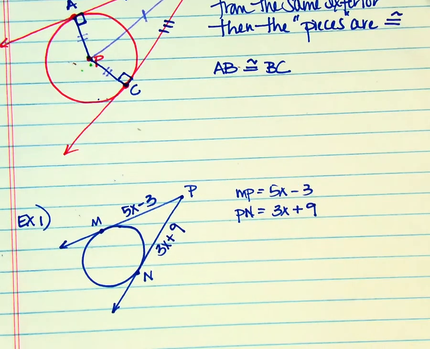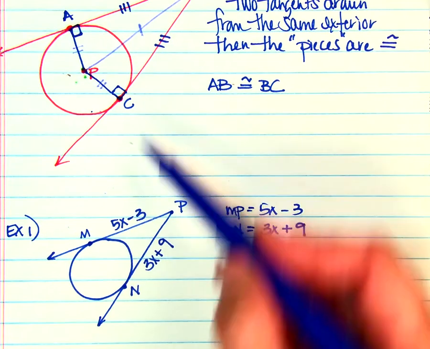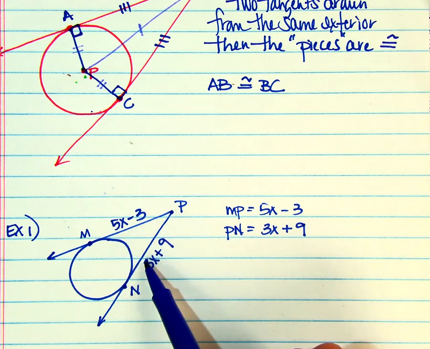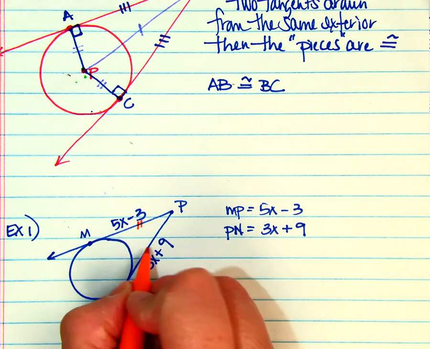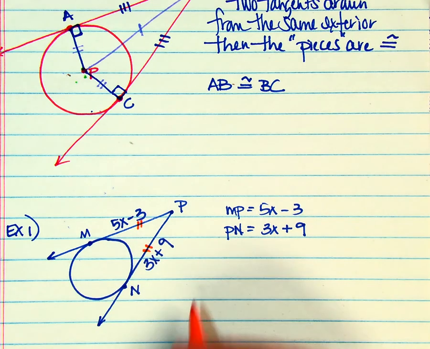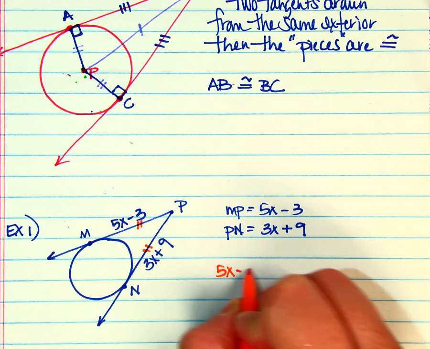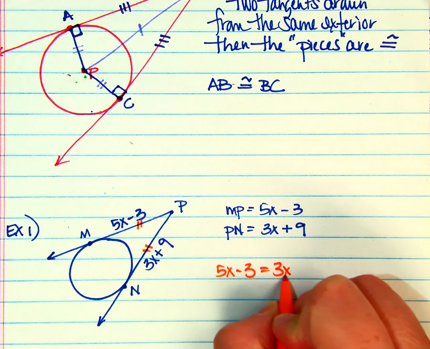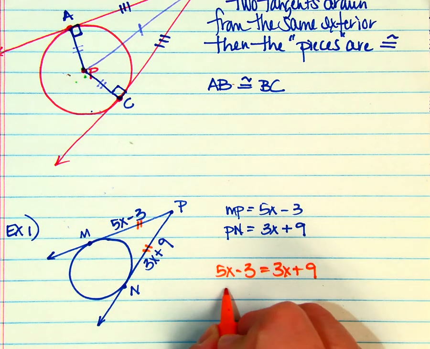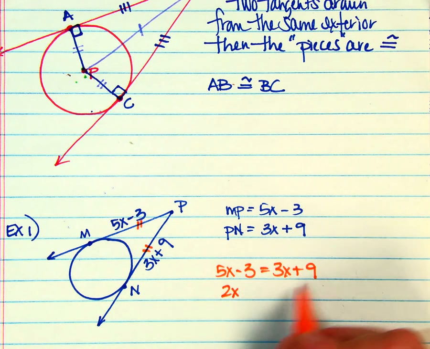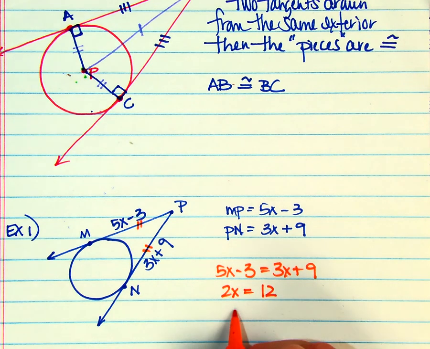So based off of our property earlier, we have two tangents drawn to the same exterior point, the same circle. That means that little piece is congruent to that little piece. So I can set them equal to each other. Solve. Subtract here, I get 2x. I'm going to add 3 to both sides, which gives me 12.